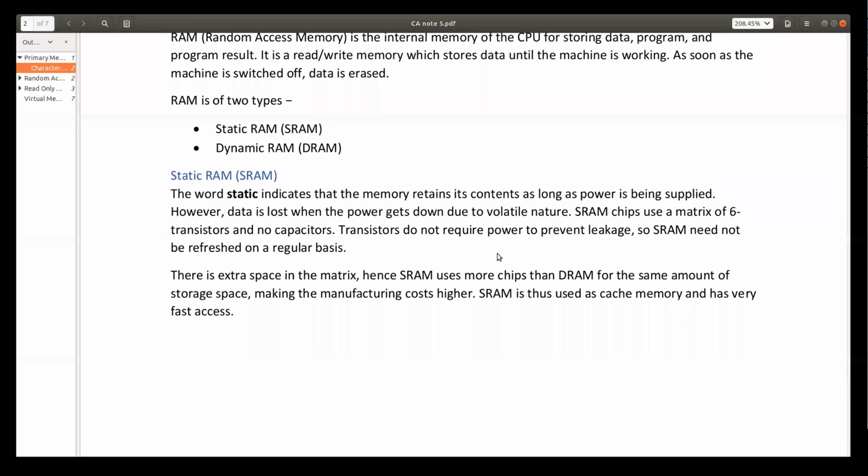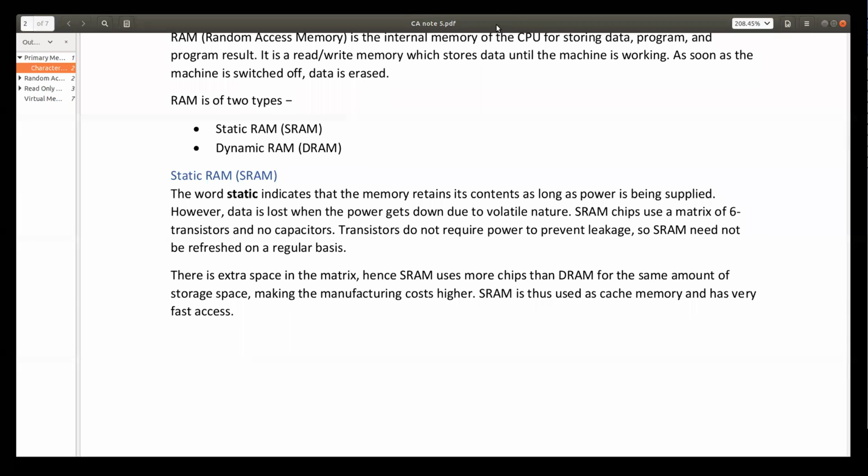Electric power is getting, so all the data will be held by the RAM. Data will be lost whenever your computer system is shut down, right? So that is why, for this nature, this kind of RAM is known as static RAM.